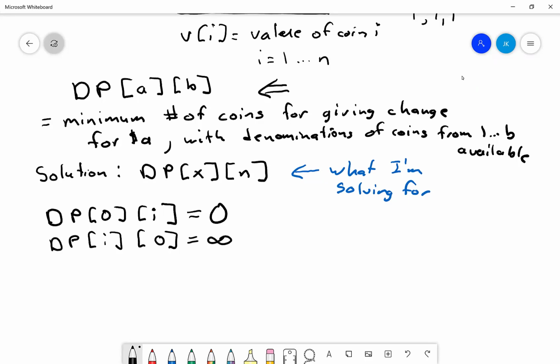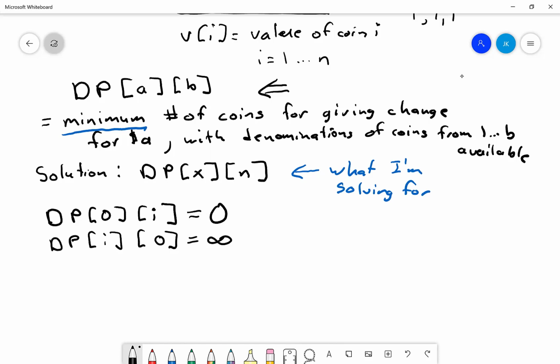Typically in a dynamic programming framework, in this case I'm wanting the minimum number of coins. Notice that the whole thing is defined to be a minimum. And so infinity means this is basically not a state you ever want to get to. If you ever run into that state, it's a problem. And when I mentioned before what would happen if you did not have a 1 in the denomination, you would also need to define this for cases where the amount of money is less than 0, and make sure that's infinity.